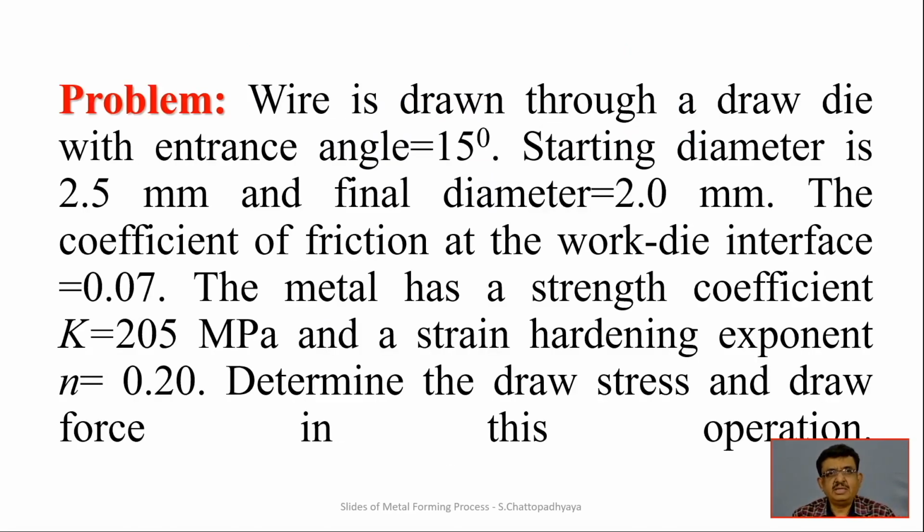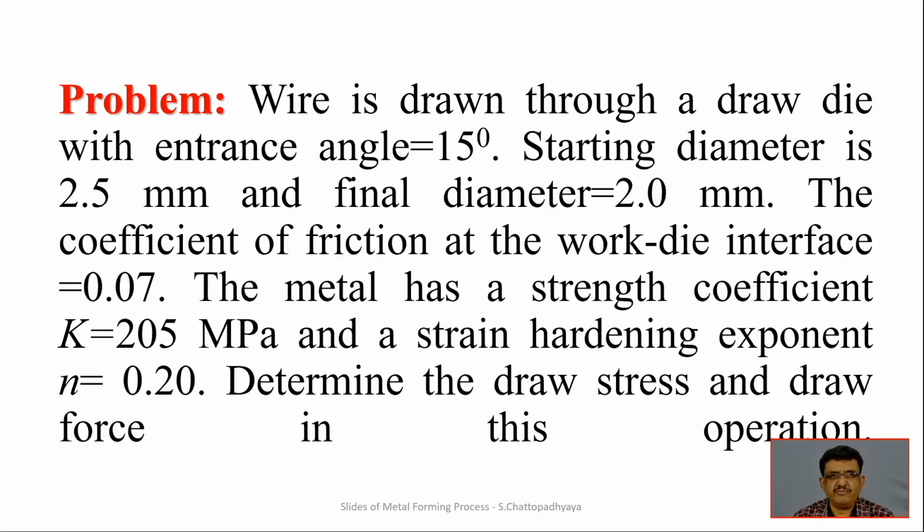The problem is, wire is drawn through a draw die with an entrance angle alpha. From the picture it will be totally clear: the entrance angle is 15 degrees, the initial diameter D0 is 2.5 millimeter, and the final diameter is 2 millimeter.